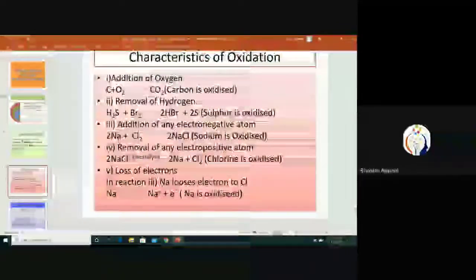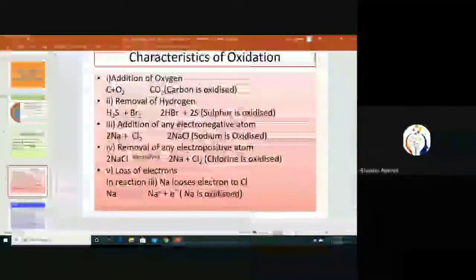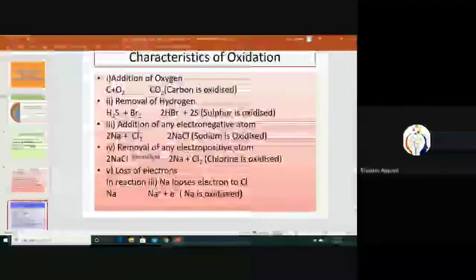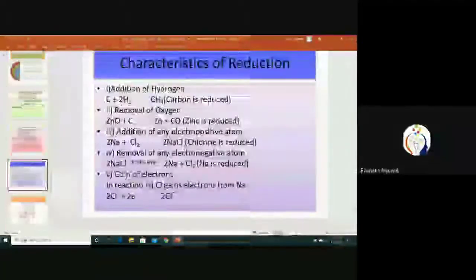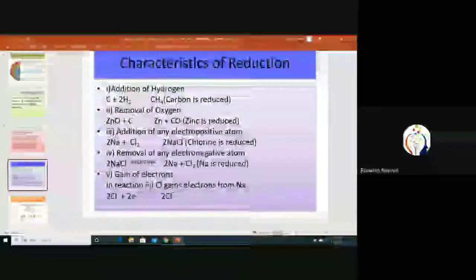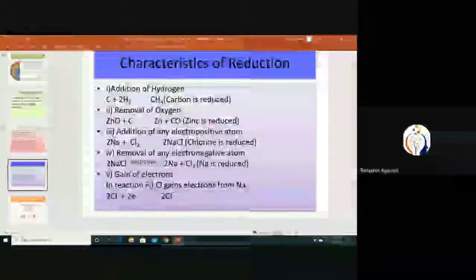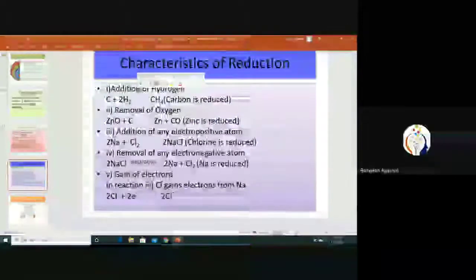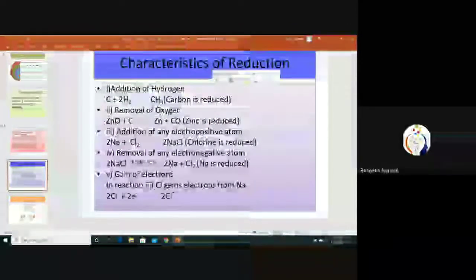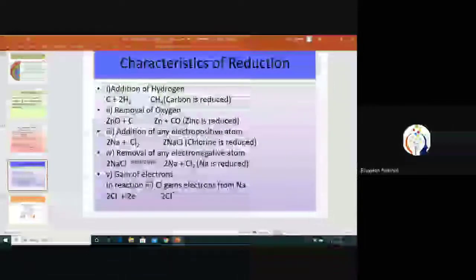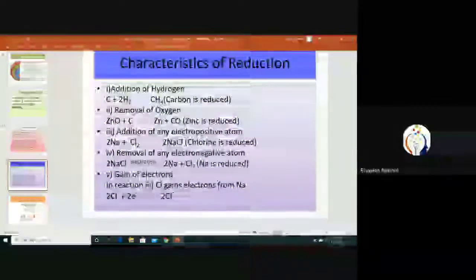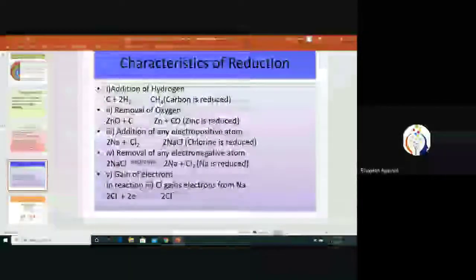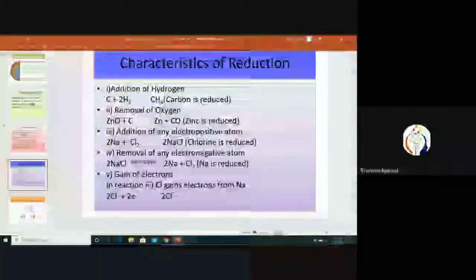Now reduction is simply the opposite of oxidation reactions. Let's see now. First, there was the addition of oxygen and removal of hydrogen. But in the case of reduction, it is the addition of hydrogen or removal of oxygen. So the example for addition of hydrogen is carbon combines with hydrogen to give methane.